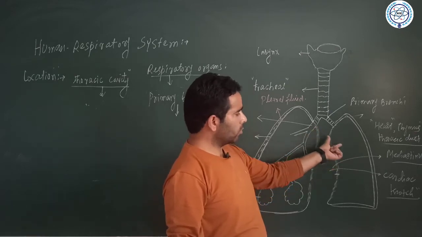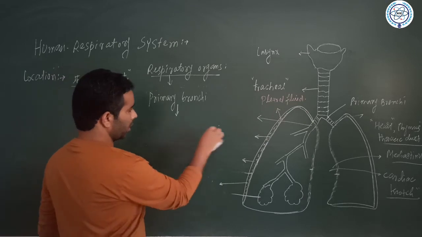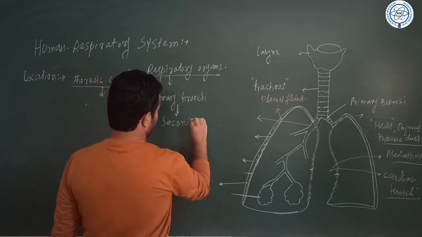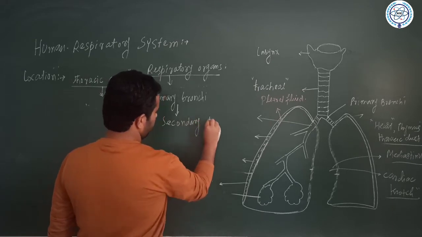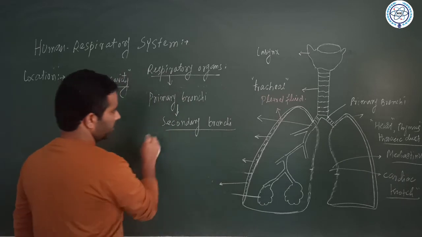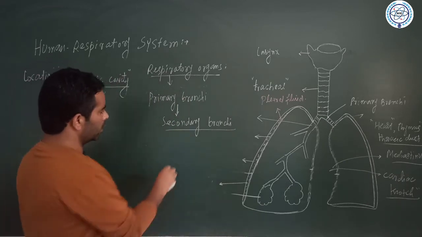After they enter into the lungs, they divide and redivide many times. These primary bronchi first divide into the secondary bronchi, right? And secondary bronchi divide into the tertiary bronchi.